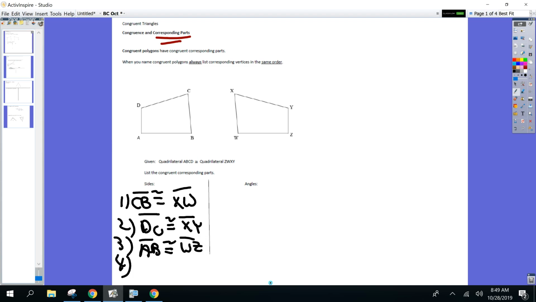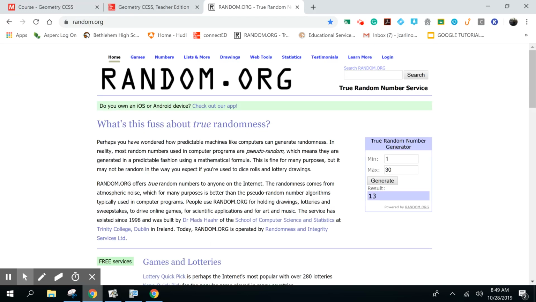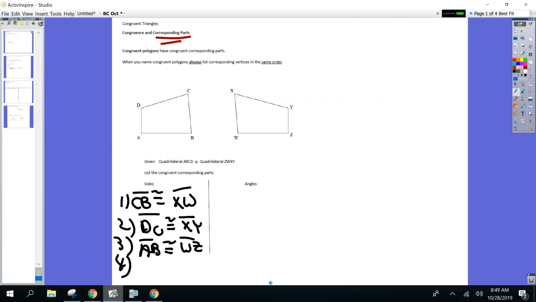And the fourth and final pair of sides that correspond and now are congruent. 12, going right down. DA and YZ, good. Nice job, everybody. All right, we said sides, but the angles are also corresponding and are congruent.